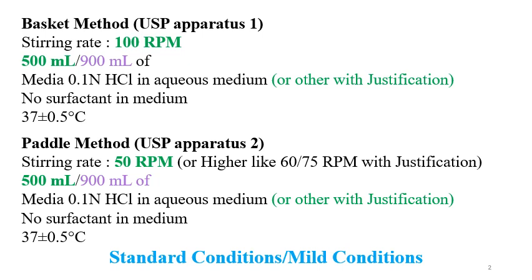So whenever you are working on IR formulations, always remember that media should be 0.1 normal HCl and volume should be 500 ml. Because all these IR formulations are going to dissolve in the stomach fluid volume and will release the content in acidic media. So there is no need to go for other media if the drug has good solubility in all the pH media.